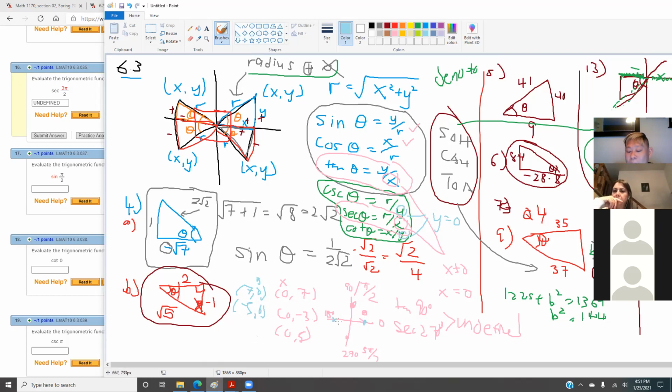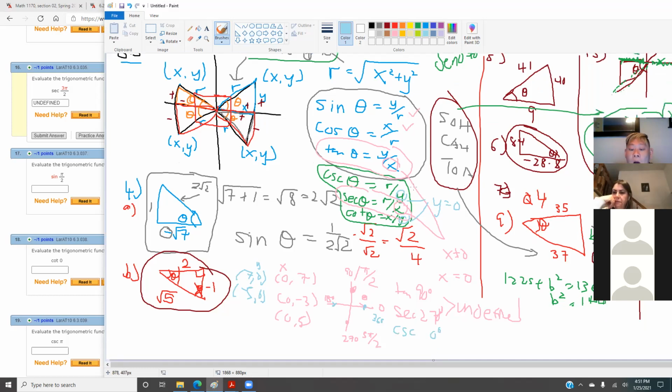So what angle does that belong to? It's between 0 or what? 180 or 360 degrees. So if you want to find cosecant of 0 degrees, or a cotangent of 180 degrees, this is going to be what?